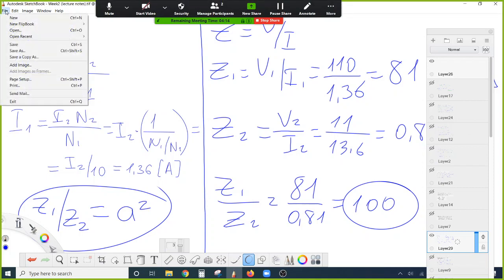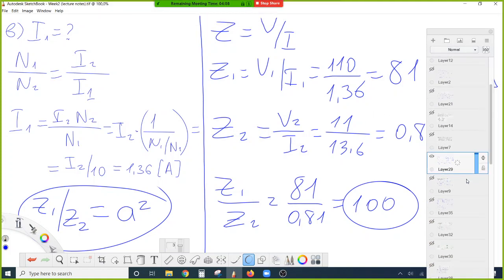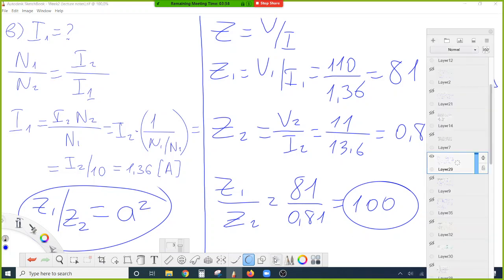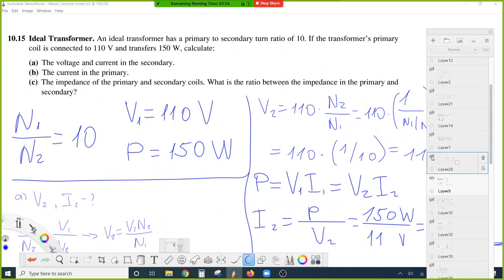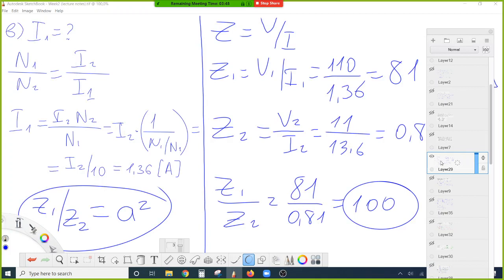Okay, what is not clear? It's clear. Of course, the answer for B is 10. Yep, correct answer for B. No, the answer for B is asking the current in the primary. Oh, I know. I mean C paragraph.